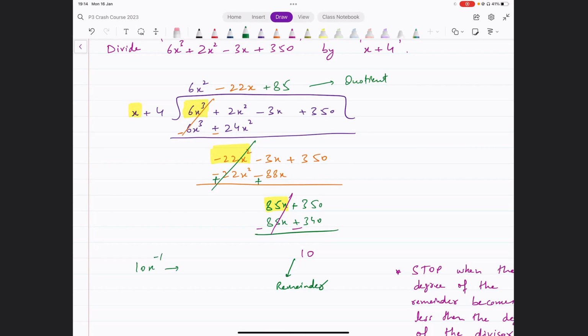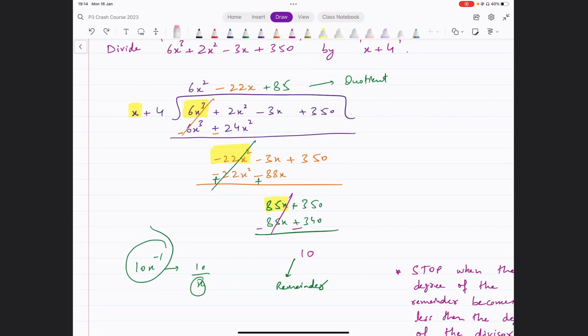You're actually multiplying by 10 over x, and you're dividing by x here. You're not allowed to divide by x. You can only multiply by x in the long division process, right? So you're not going to do this. You're going to stop at this point. You can't go any further. You can't have negative powers of x here in the quotient.